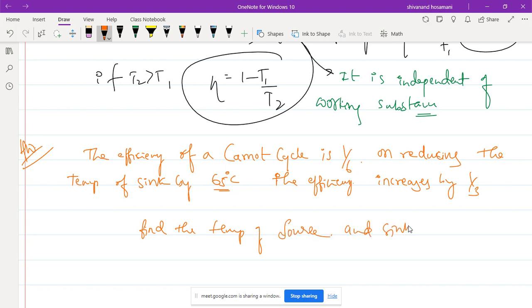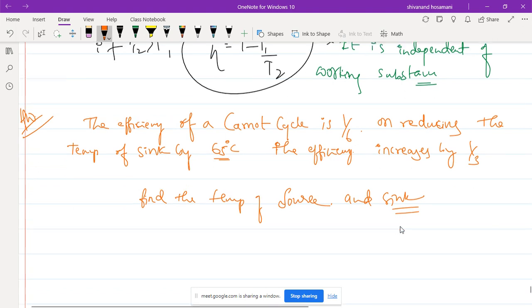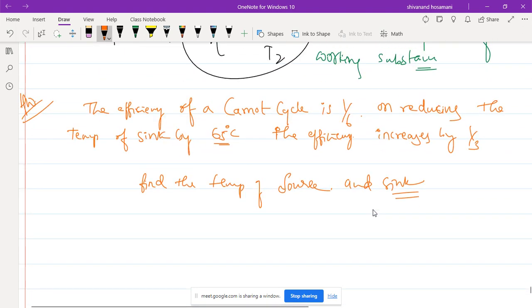This is important. Once this problem is done, we go to the next concept. I have already defined the second law of thermodynamics.